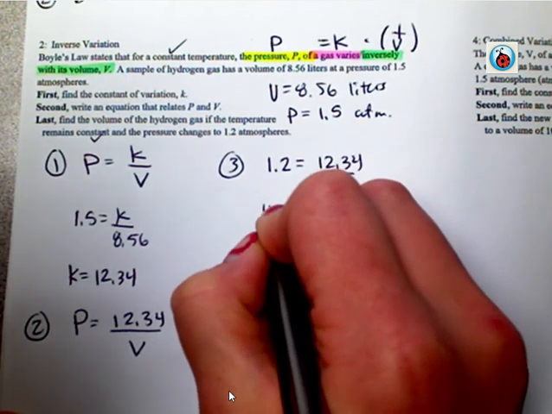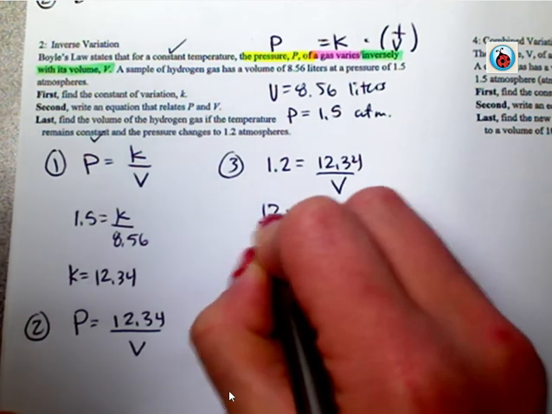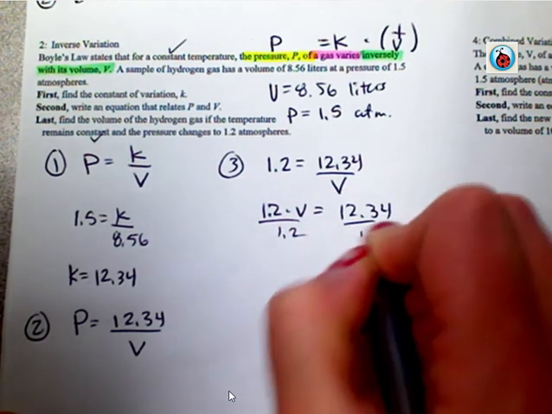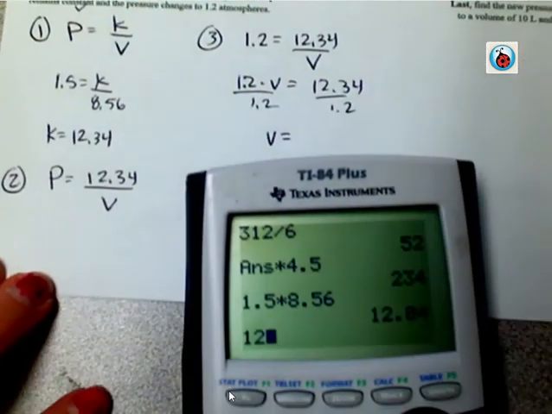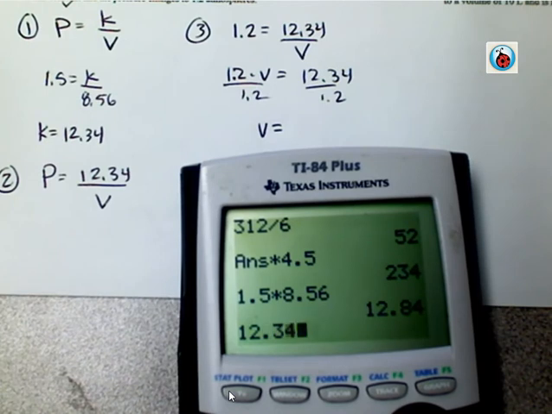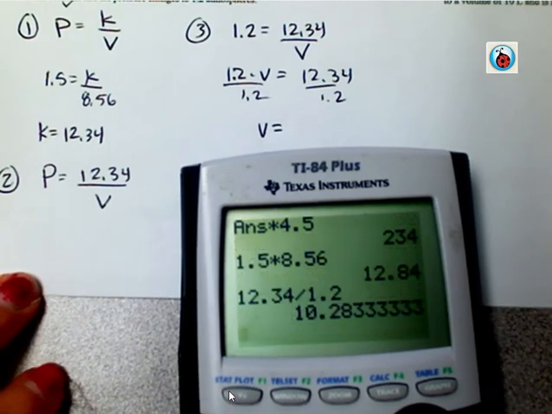So I'm going to multiply by volume, then I'm going to divide by 1.2. 12.34 divided by 1.2. 10.28.